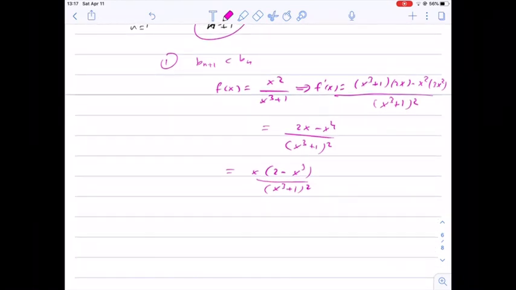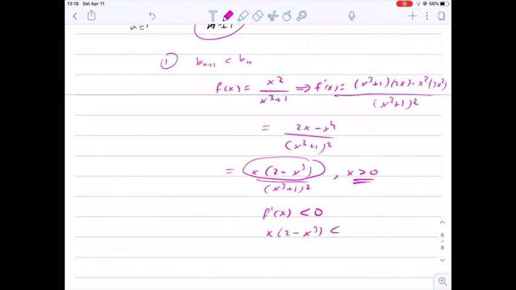We only consider x greater than 0, because x is equivalent to n, so n is positive, x is positive. Now f prime of x is less than 0 only if the numerator is less than 0.